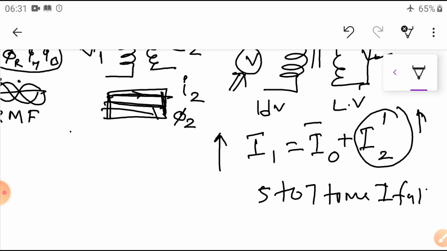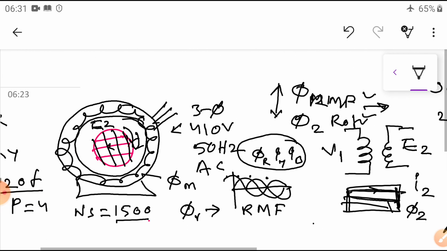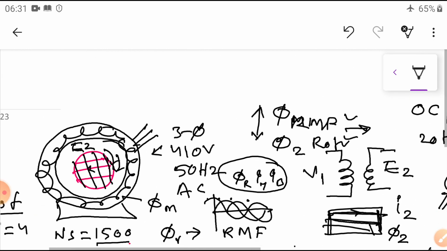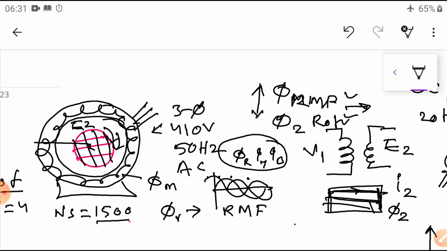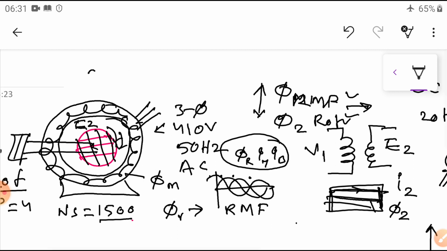For example, if my motor draws 10 amperes at full load, then at starting it will draw nearly 5 to 7 times that. If we take 5 times, it will suddenly draw 50 amperes from the supply.